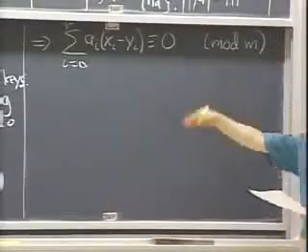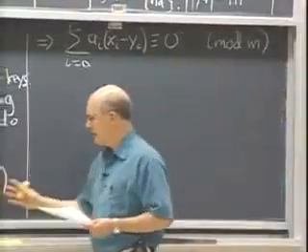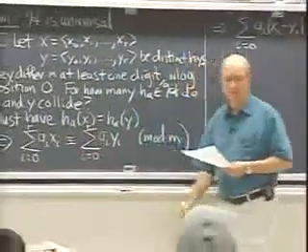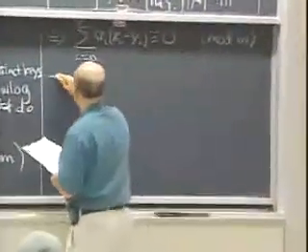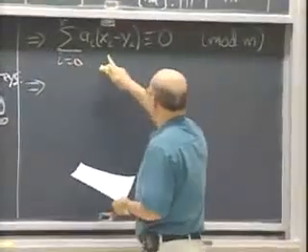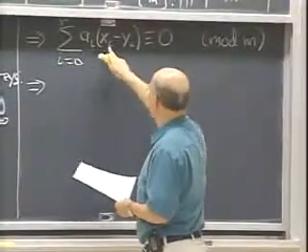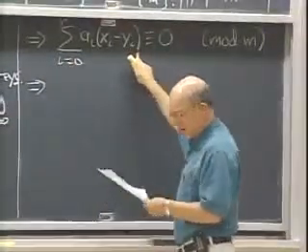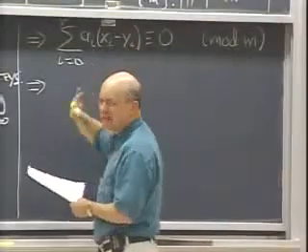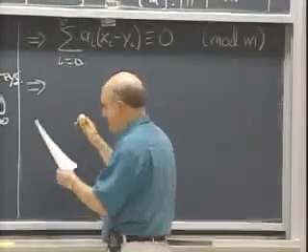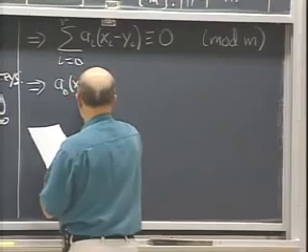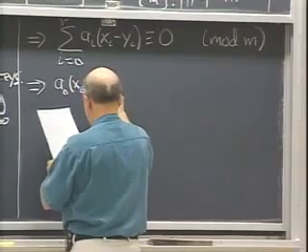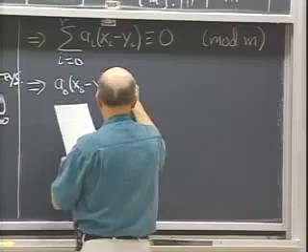I just threw it on the other side and applied the distributive law. Now what I'm going to do is pull out the 0th position, because that's the one that I care about. And this is where it saves me on the math, compared to if I didn't say that it was 0. I'd have to pull out i, and it wouldn't matter, but it would make the math a little bit cruftier.